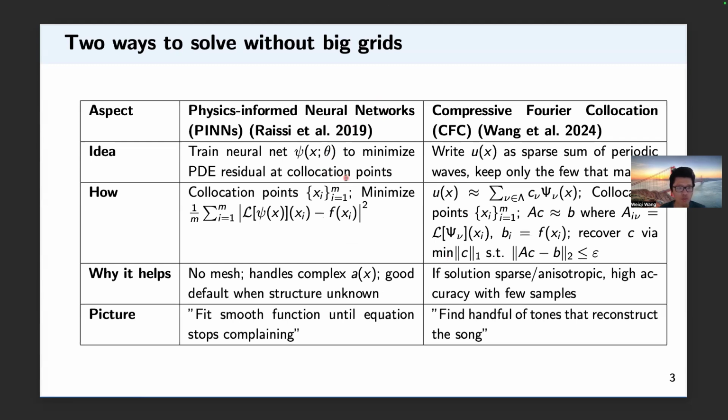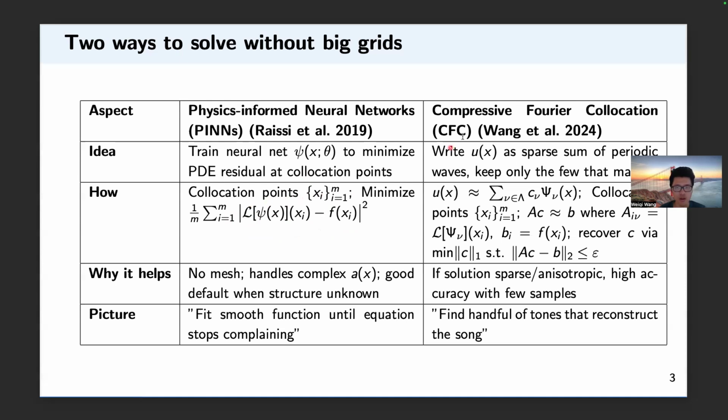We choose collocation points xi, plug the neural network into the PDE and compute the residual shown here. And we use backpropagation, or automatic differentiation, to calculate the gradient in this minimization problem. If the structure of the solution is unclear, this is a safe and flexible choice.